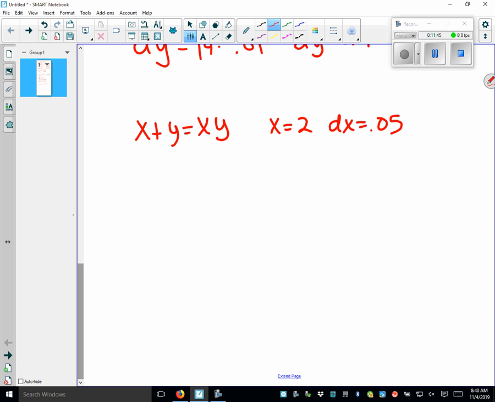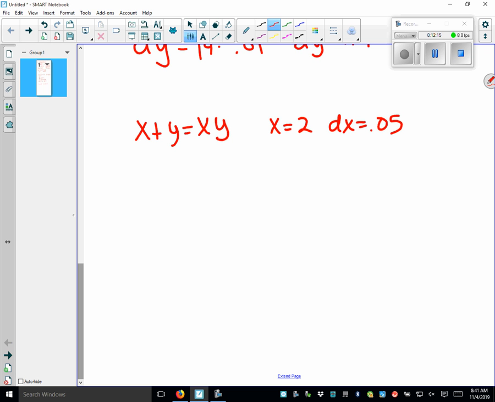All right, I have a choice. Every time I take the derivative of y, I can write dy, and every time I take the derivative of x, I can write dx. It works the same. That might be easier when I have a product.